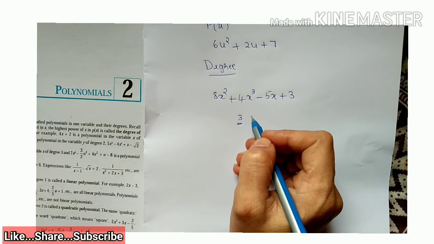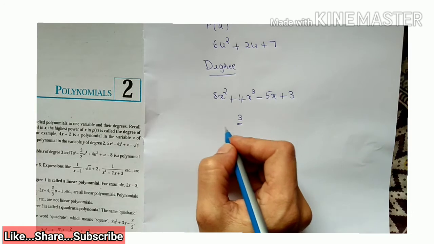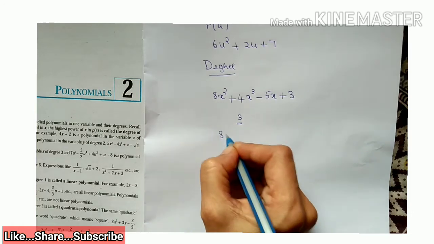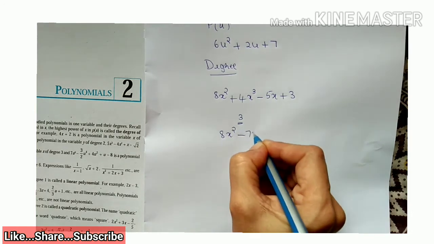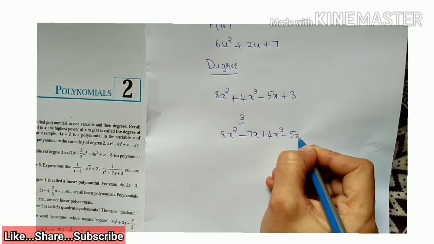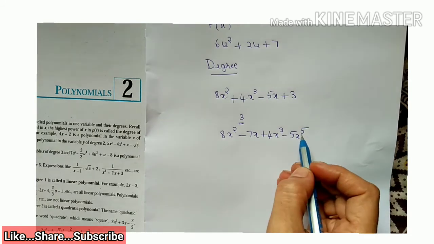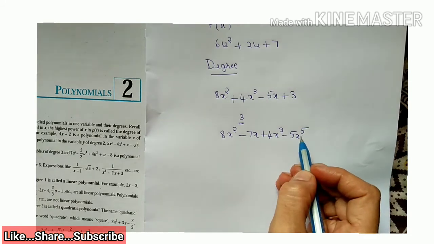Next example. What is the degree of the polynomial 8x square minus 7x plus 4x cube minus 5x to the power 5? Here degree is 5. The highest power of x is 5.